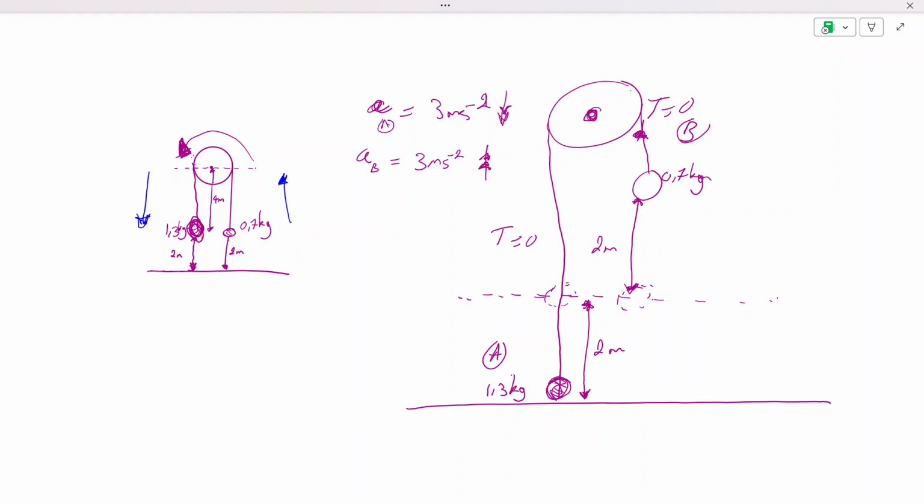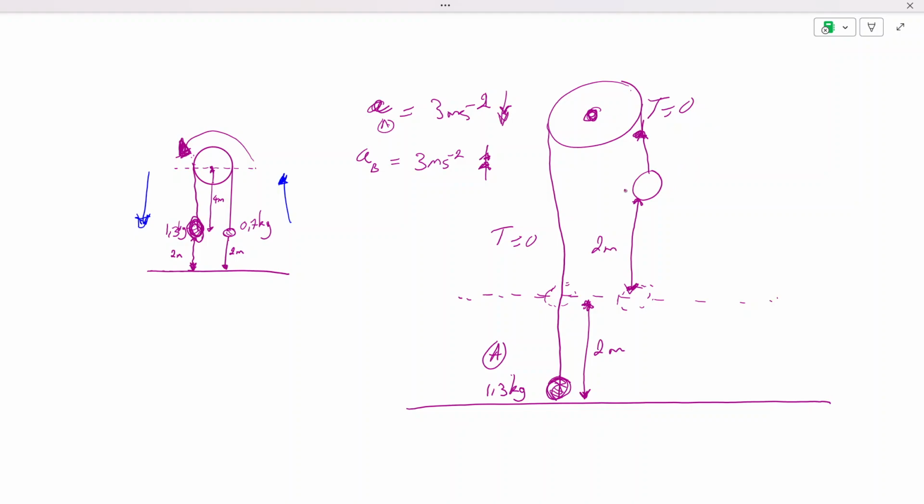And at that very instant, mass B is still moving up, but now it's decelerating. Remember, things don't abruptly stop. They first lose that energy, so it will still move up a certain distance. So let me rub this out to show you.